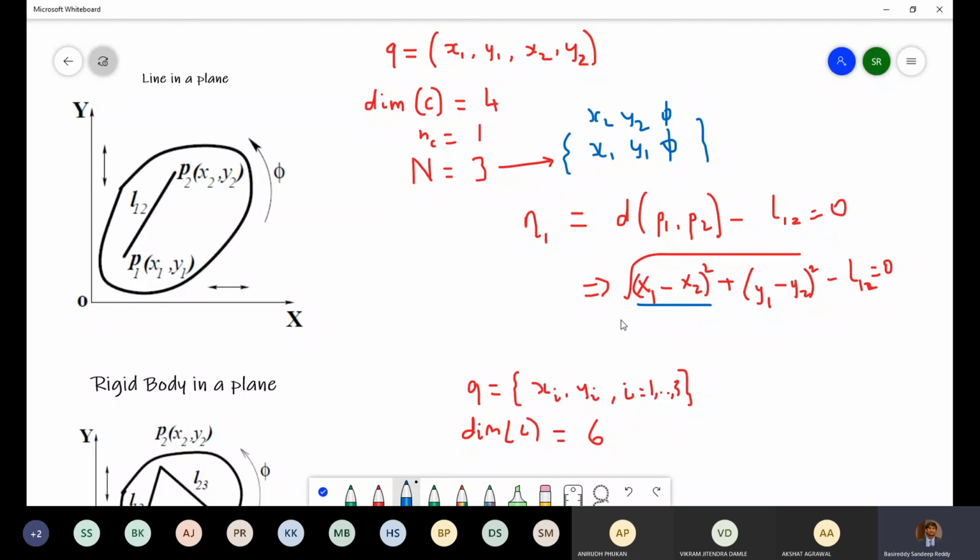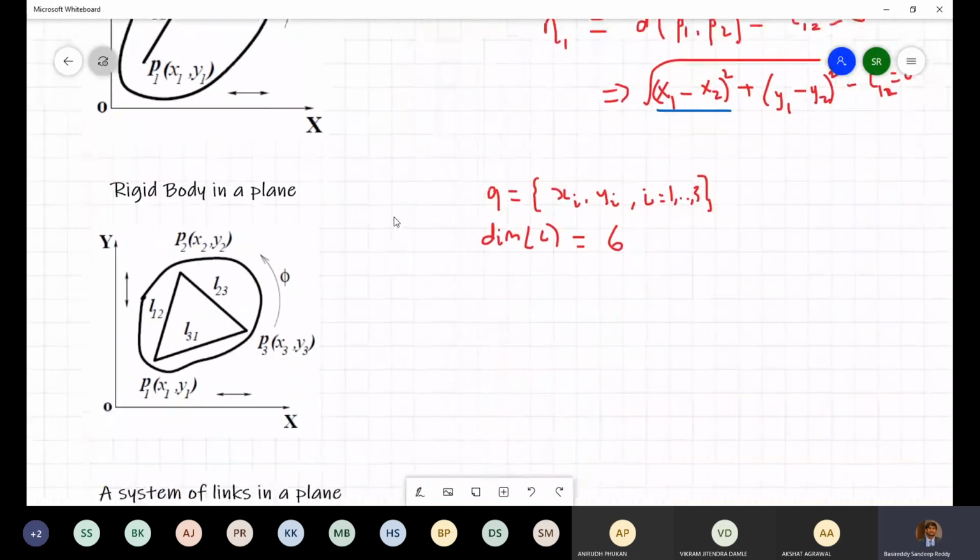So if I choose x1, y1 and phi, for example, then clearly I'm getting 3 independent coordinates for this link. That is, one is the translation in both directions and one is the rotation of the link in the plane. These are by themselves defining the position and orientation of this link. So that was the whole point of this. Same for the rigid body in the plane.